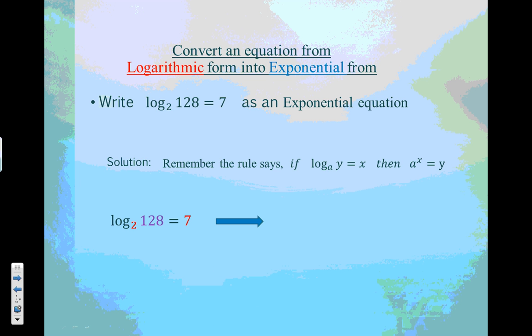So we're going to write 2 raised to what power? To the 7th. 2 raised to the 7th is equal to 128. What does that mean? 2 times 2 times 2 times 2 times 2 times 2 times 2 gives you a product of 128.